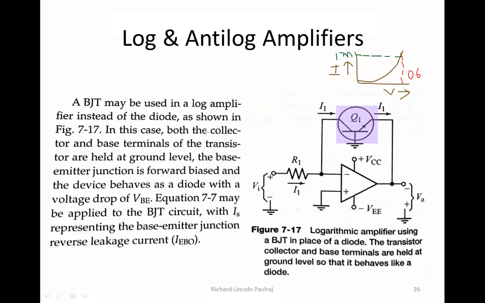So a BJT may be used in a log amplifier instead of a diode. In this case, both the collector and base terminals of the transistor are held at ground level.